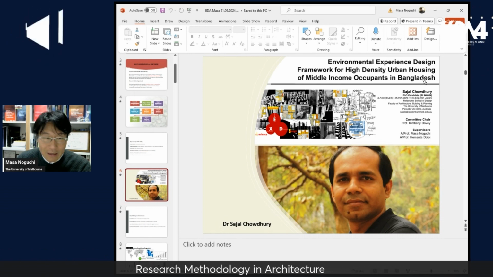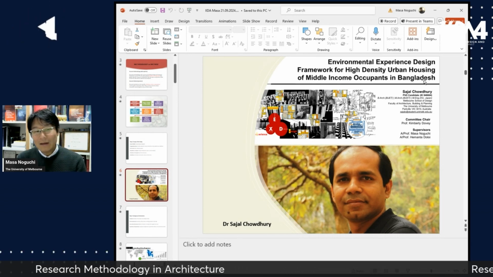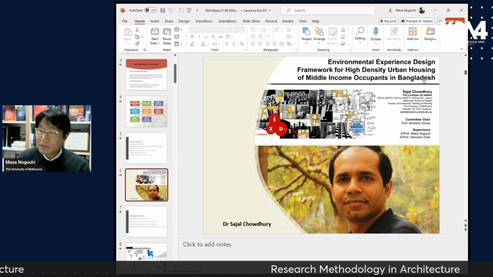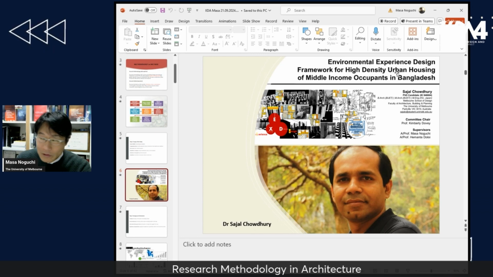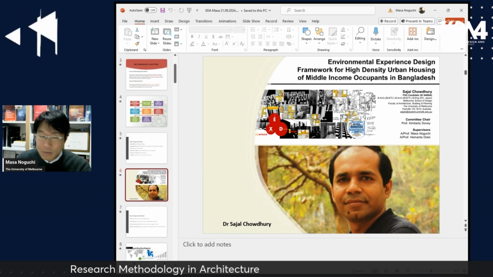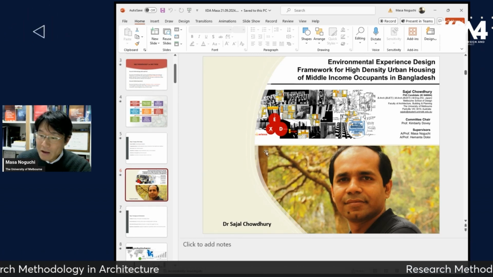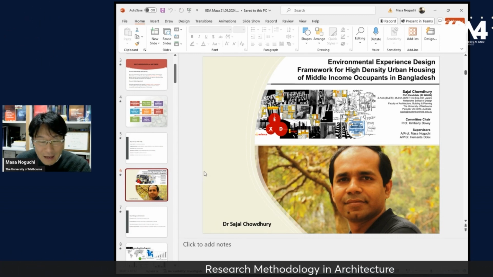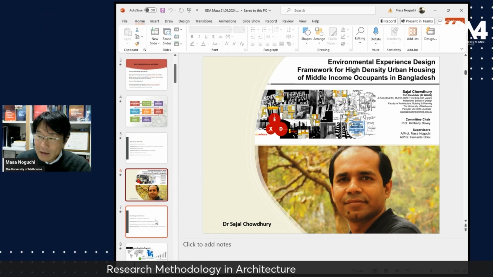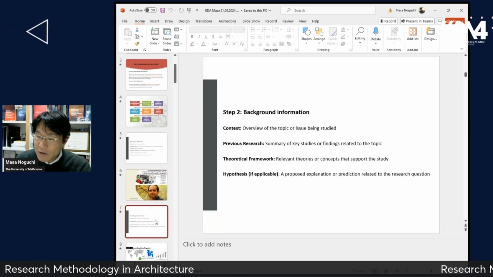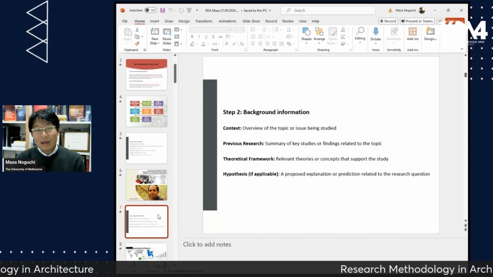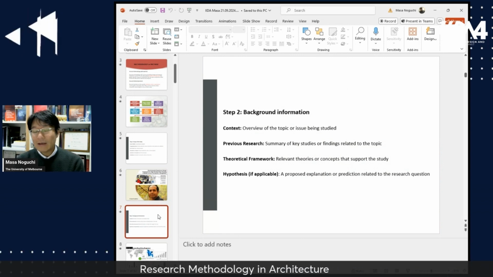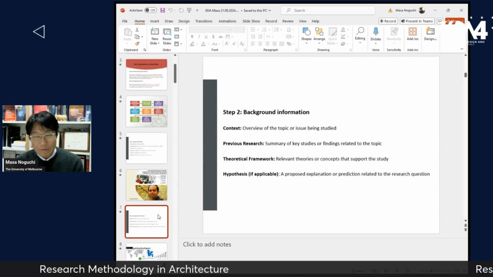So, vaguely, he identified housing typology, which is residential buildings, particularly the urban context, and the occupants, the users in Bangladesh. That is really vague, but the area has already been specified.